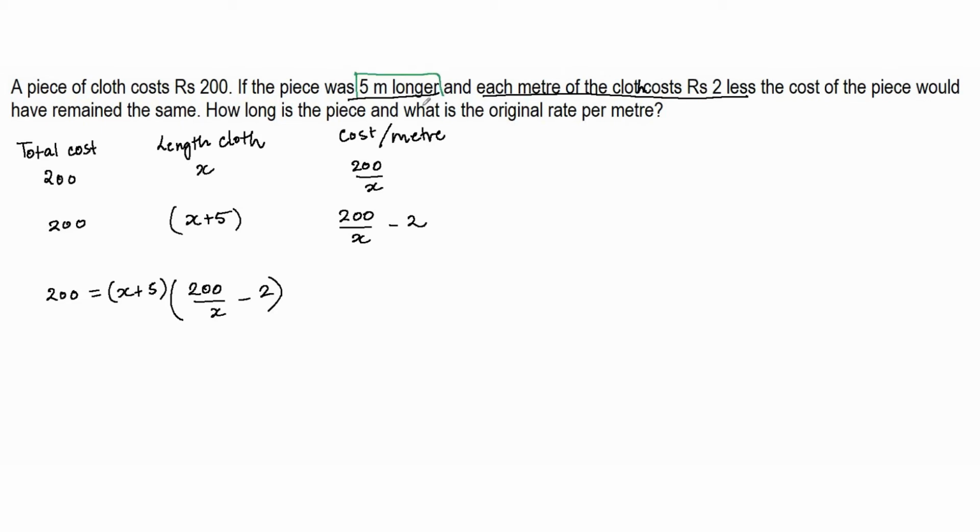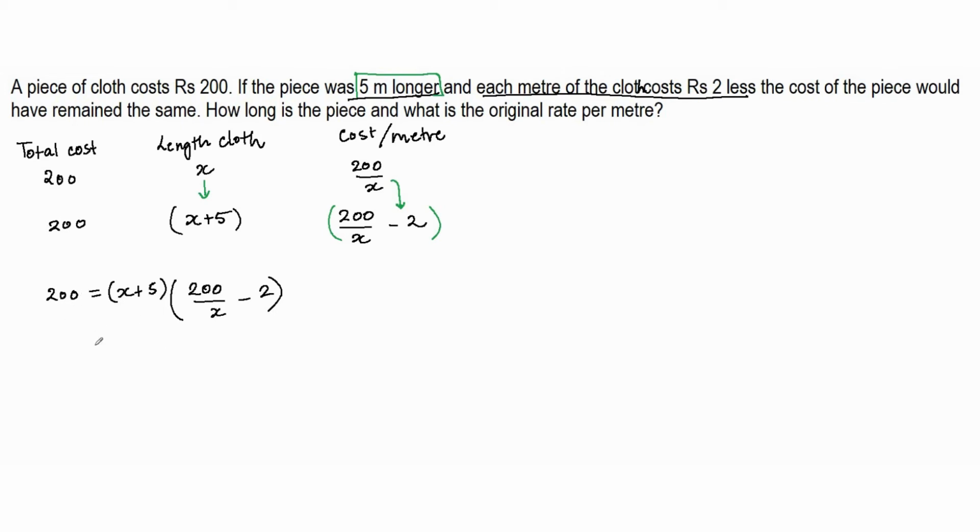The cloth was 5 meters longer, so instead of x, it was x plus 5. And each meter of the cloth cost rupees 2 less, so 200 upon x minus 2. This was the cost per meter. Then of course the product of these two parameters is going to give you 200, right?